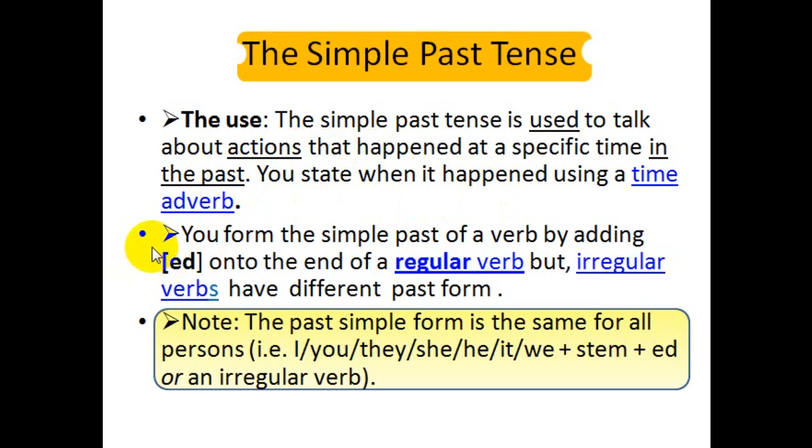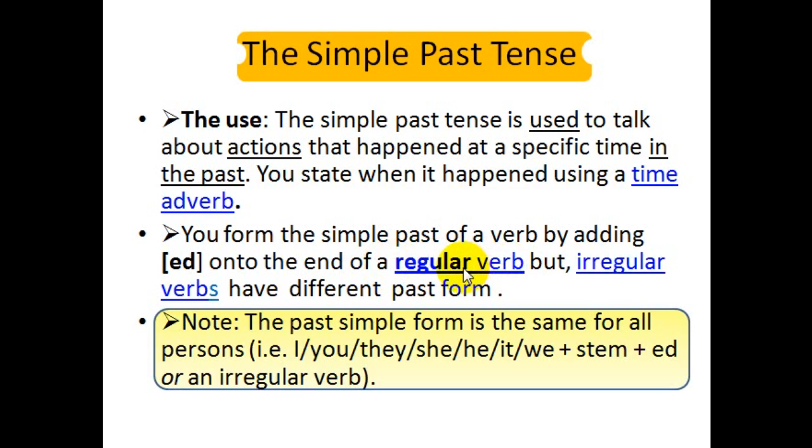The second point, you form the simple past of a verb by adding ed onto the end of a regular verb. But irregular verbs have different past forms. So in here we can say that verbs in English, according to the simple past, can be divided into two groups.